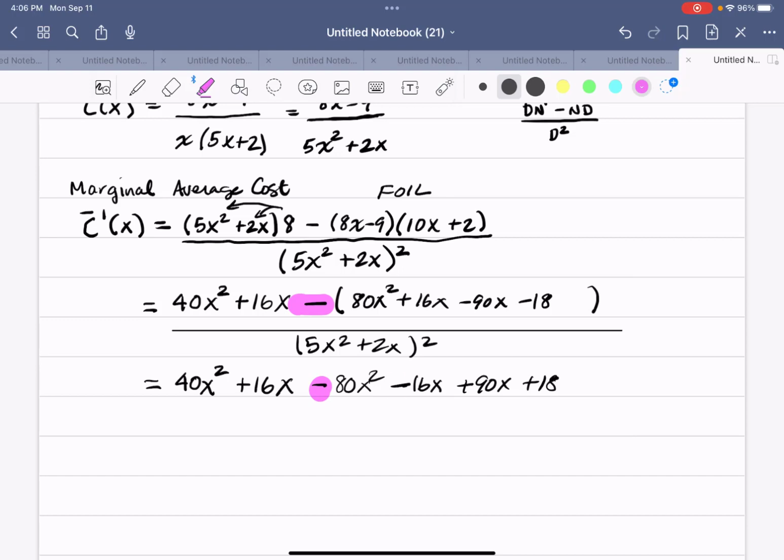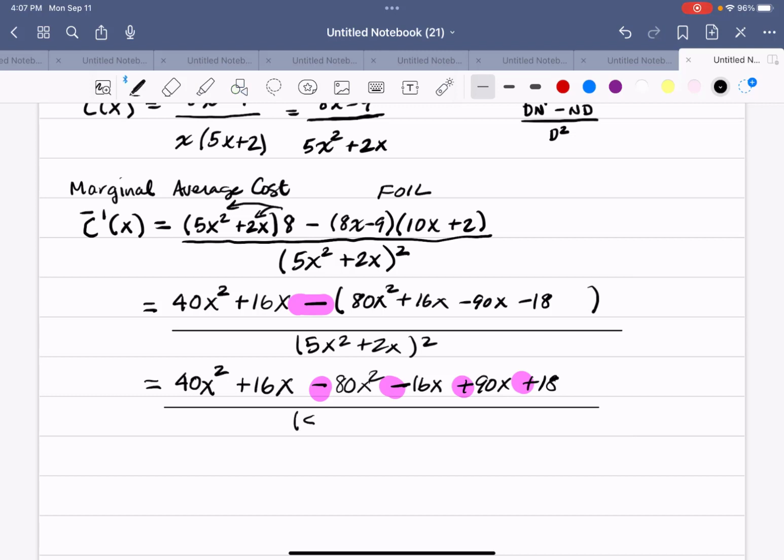The 16 was positive, it's now minus. The 90 was negative, it's now positive. And the 18 was negative, it's now positive. So all of that is still over (5x squared plus 2x) quantity squared.